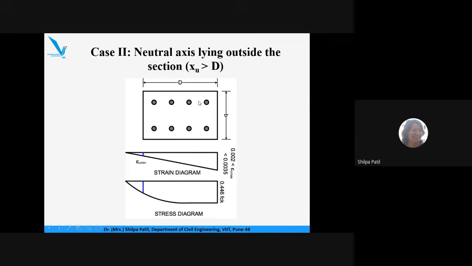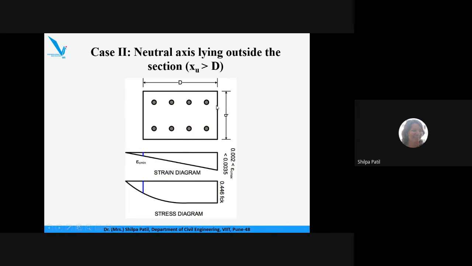Now the second case is this, in which the neutral axis lies outside the section. Now here, this is the section and the neutral axis is lying somewhere here, which is outside the section. This is the location of the neutral axis and it is greater than D. So the eccentricity or the strain developed, rather I should say, where is the location of the load?